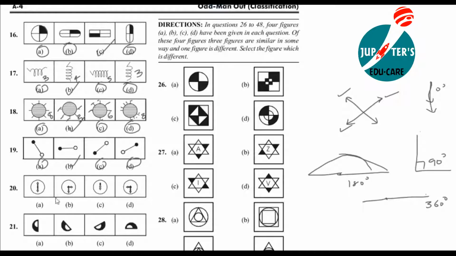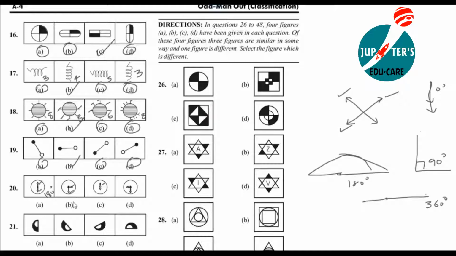In option A it is 180 degrees. In a clock we have a minute hand and an hour hand. Consider this small one as the hour hand and this one as the minute hand. In option A, from here to here it is 180 degrees.